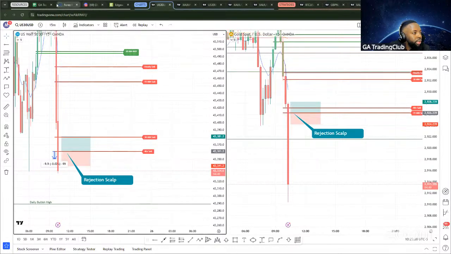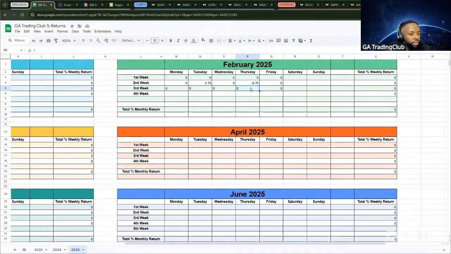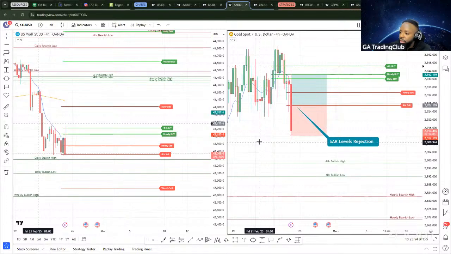But anyway, I was updating this. So here, this is minus 0.75 for that trade. So unfortunately, this trade ended up here being stopped out.